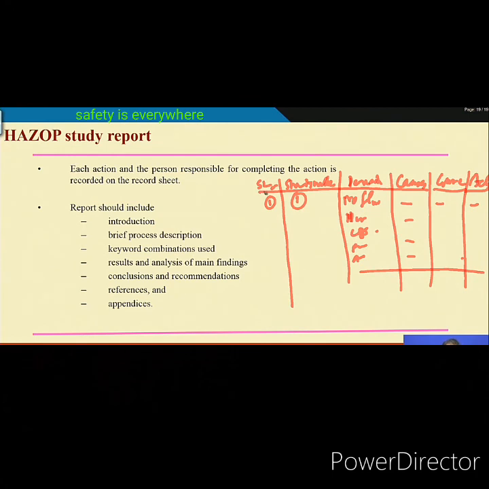Now serial number, this is again 1, this is 2, 3, 4 like this. So your study node 2 will start, in this way study node 3, like study node n, n number of nodes will be there, and against every node there will be many deviations.